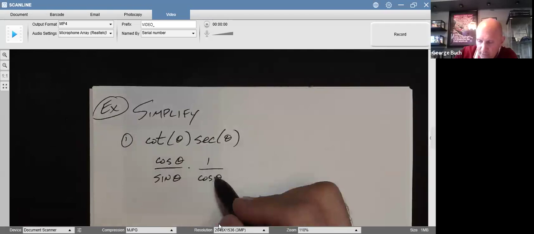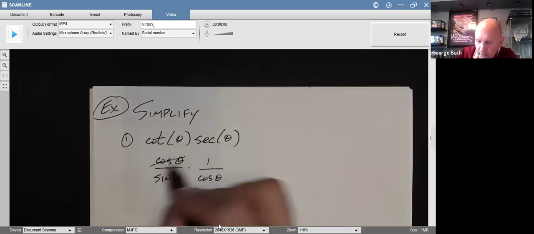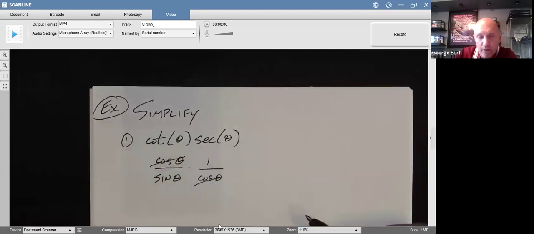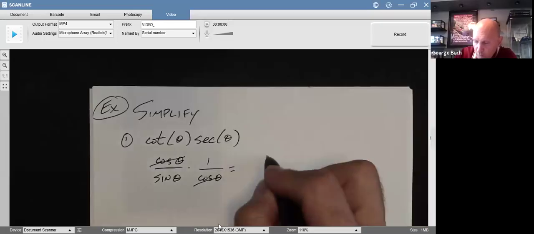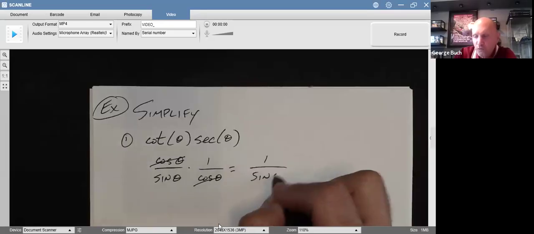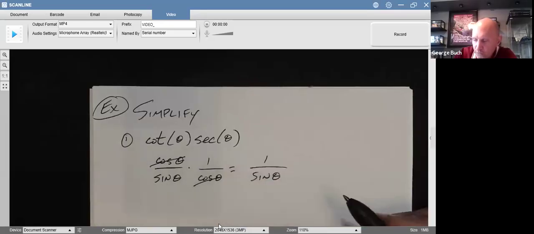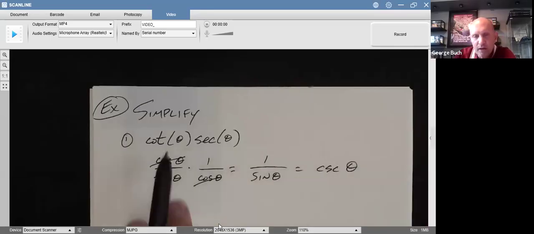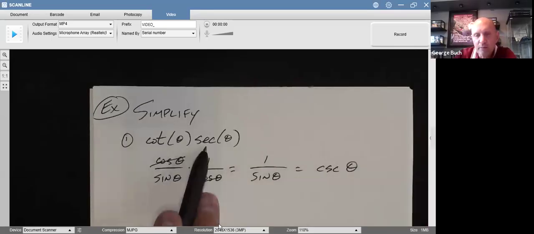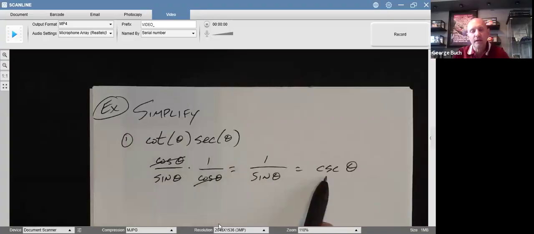So I can actually cancel the cosine in the numerator here with the cosine in the denominator of the second one. So I get what? 1 over sine. And what is 1 over sine? Well, that's just cosecant. So cotangent of theta times secant of theta is the same thing as cosecant of theta.